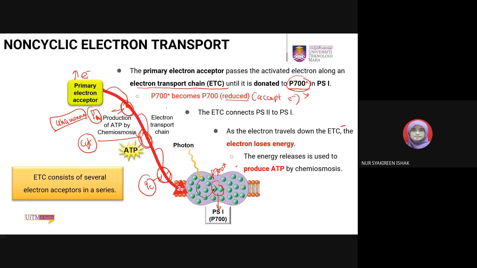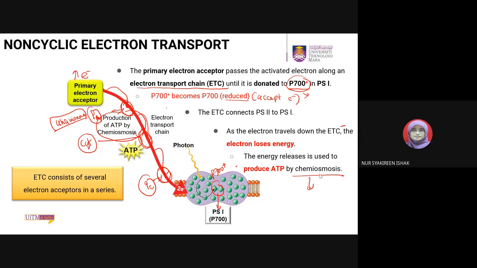Okay, so as the electron travels down the ETC, the electron loses energy. So the energy released is used to produce ATP during chemiosmosis. Okay, chemiosmosis kalau awak ingat dia melibatkan apa? Pergerakan hydrogen ion, okay, from one region to another region and then diffuse back through ATP synthase. ATP synthase synthesizes ATP.